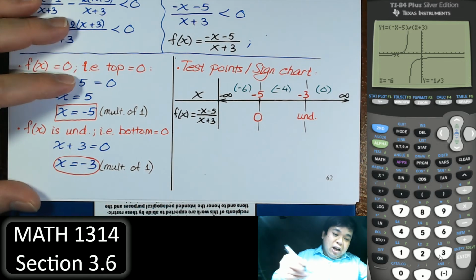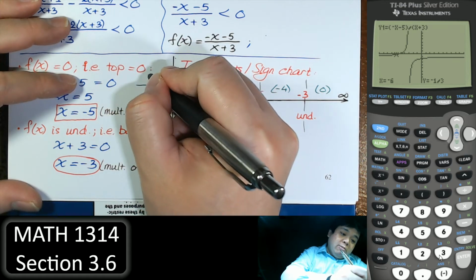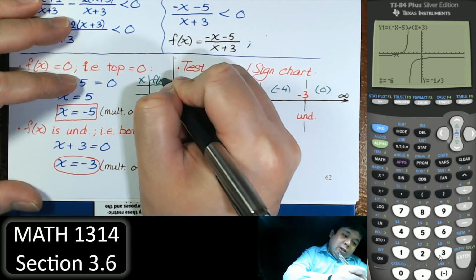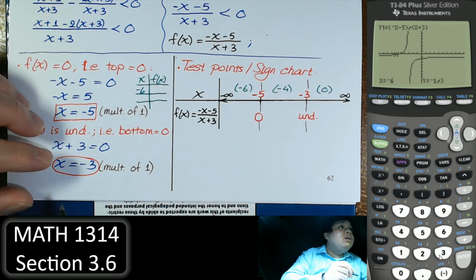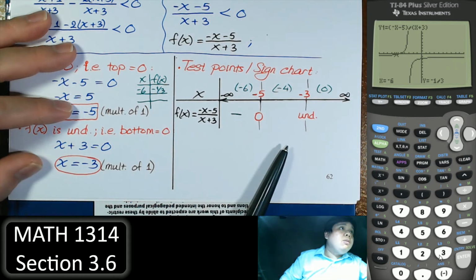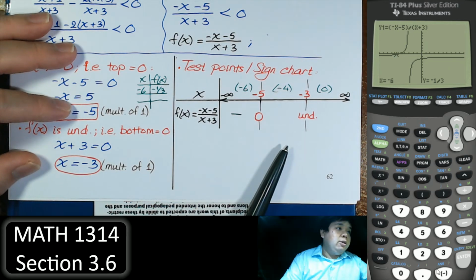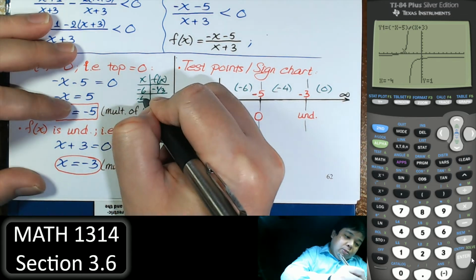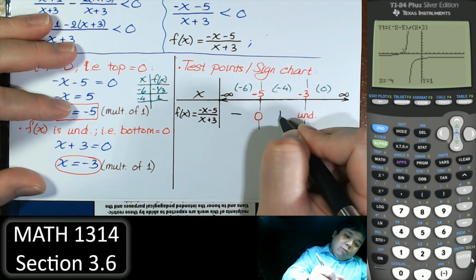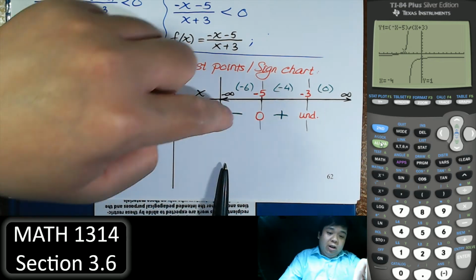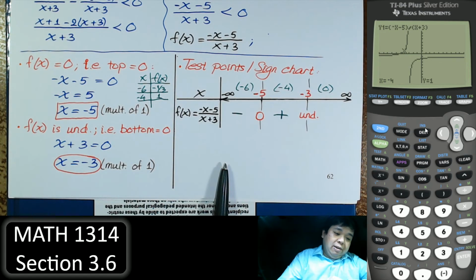I think it's a nice habit to write out, keep track of what we have. -6 is -1/3. -4 is +1. Positive. And the next one is going to be negative because odd multiplicity.